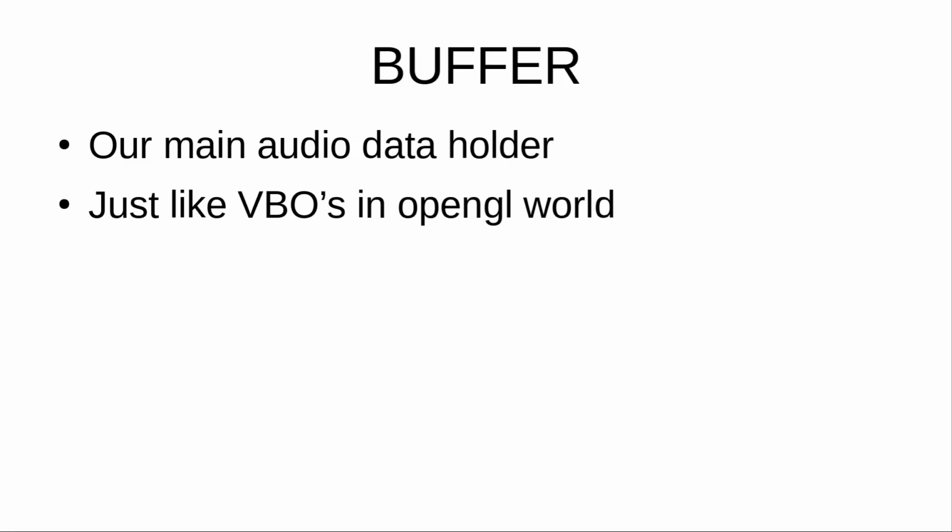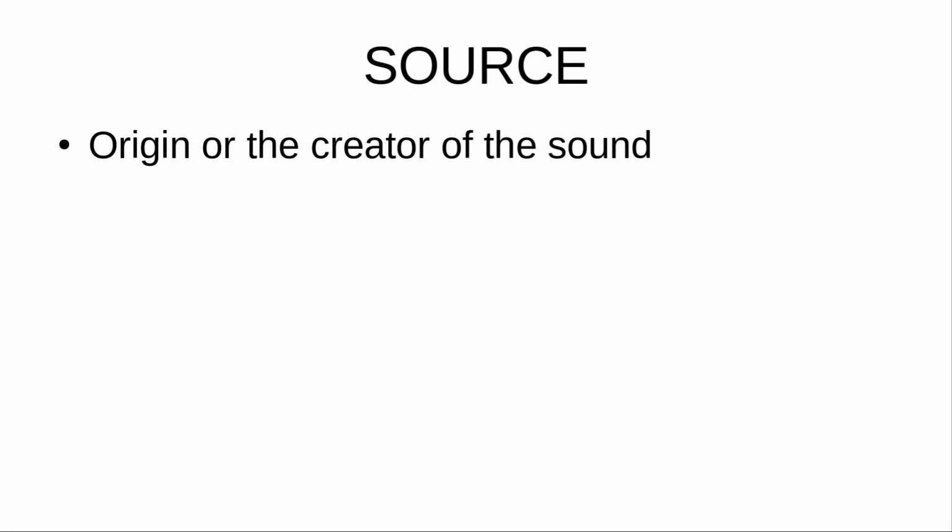That is where buffer comes in. Buffer holds all your data about your audio. For instance, say in OpenGL there are VBOs, vertex buffers, that hold all your data about your vertices and everything. Similarly, there's buffer in the OpenAL world. It holds all your data about your audio.